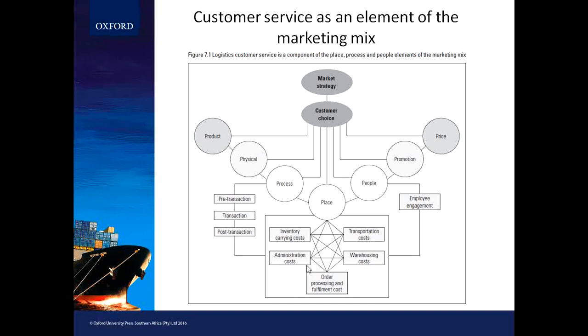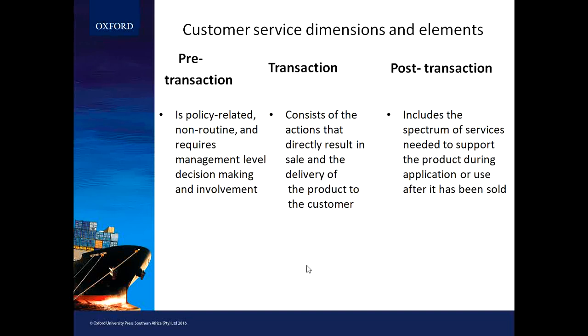You can understand this more on page number 153 or 154. I don't have the textbook in front of me, but you can check it. Then pre-transaction, transaction, and customer service dimensions are again policy related or non-routine, particularly at management level, which establishes the decision-making environment.